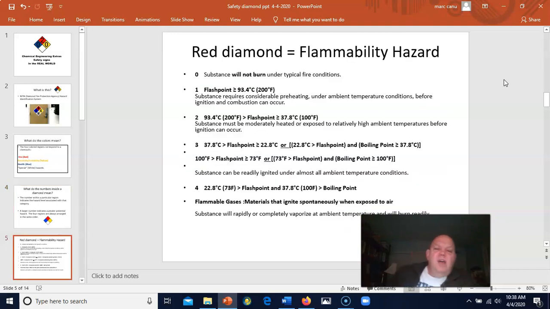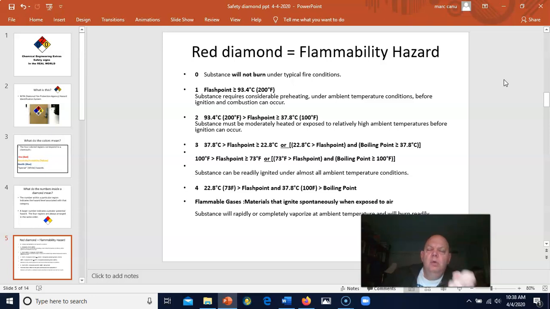So let's look at the red diamond. That's dealing with flammability. At level 0, it doesn't burn under typical fire conditions. Now, again, that's typical fire conditions. Could you get something to burn if you take it to extremes? Sure. But we're talking about regular, everyday conditions. Now, at level 1, it says flash point greater than 93.4 Celsius or 200 Fahrenheit.